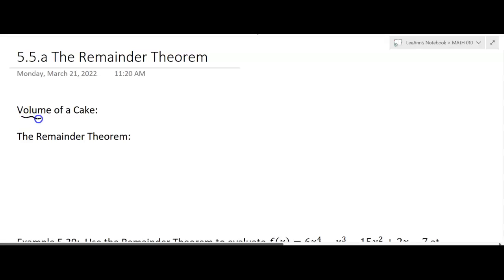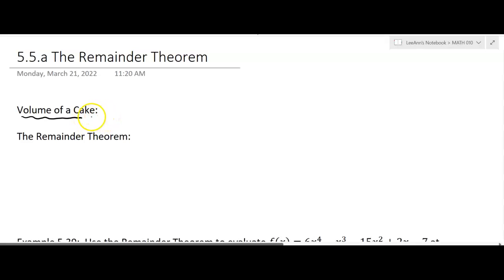They talk in the beginning about the volume of a cake. So volume is a cubic measurement. So you're going to figure out how much water to put in a swimming pool. It's going to be so many cubic meters or cubic feet or something like that. For a cake, it'll be in inches.